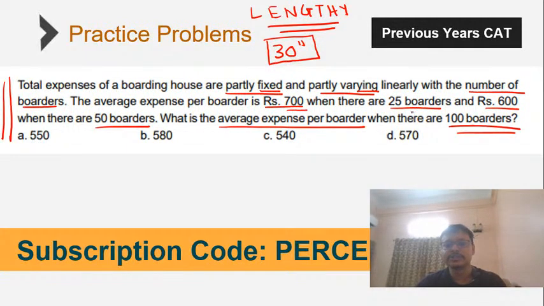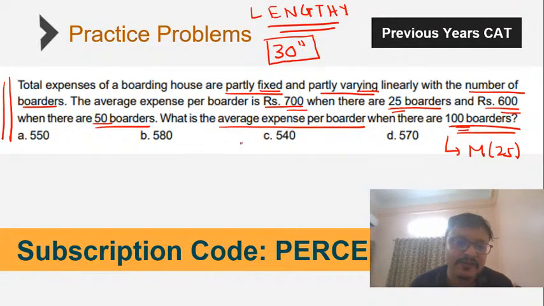All you need to do is simply observe the numbers. All the options are having factors of 25. Each of these options are multiples of 25. If you notice, each of the values in the question are multiples of 25. Whereas the 700, 25, 600, 50, 100, each of the values are multiples of 25.